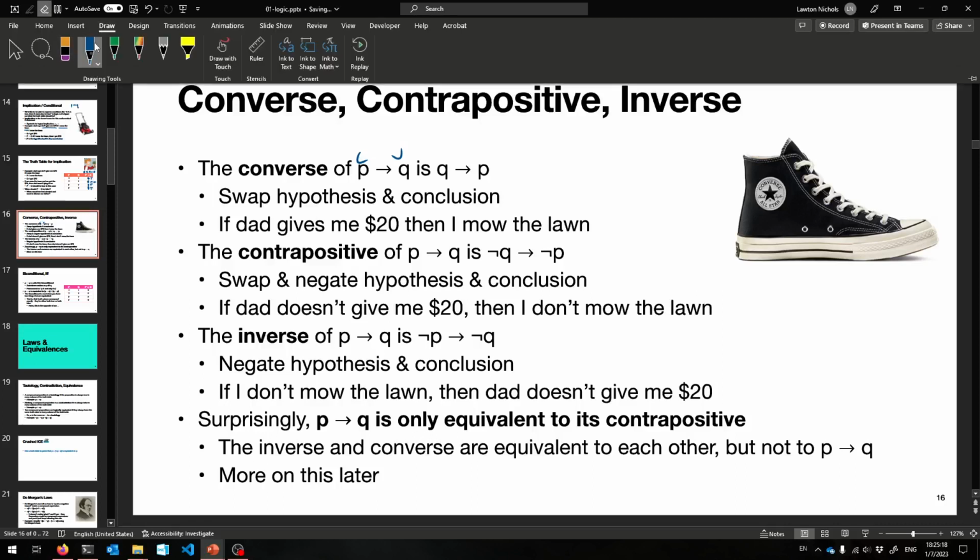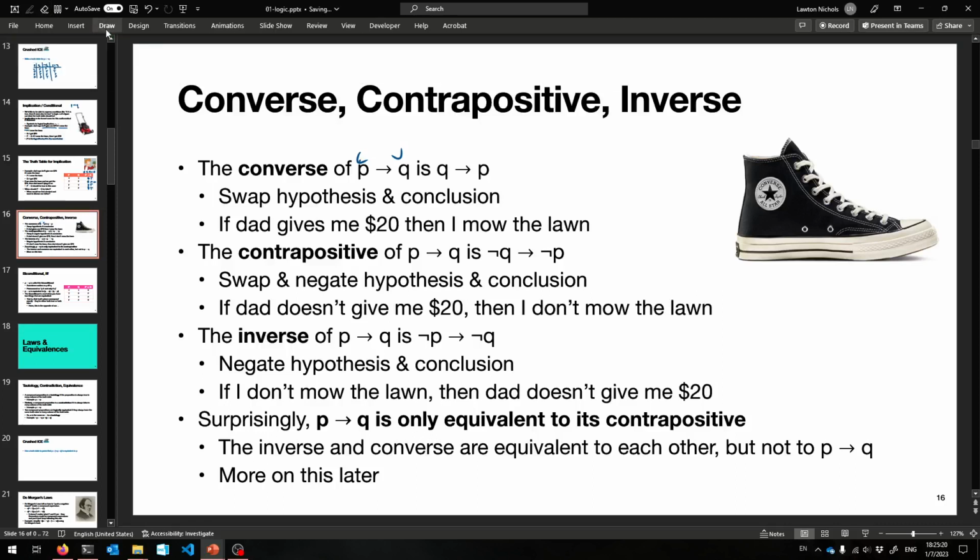Something similar yet different is the contrapositive. So the contrapositive of P implies Q is not Q implies not P. And this one's actually equivalent. Not equivalent to the converse, though. But these and this are the same thing. And you can prove that with the truth table.